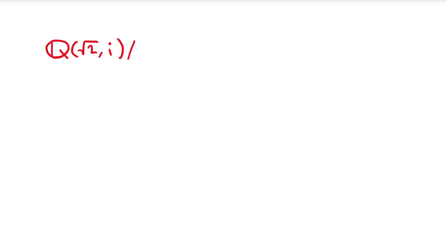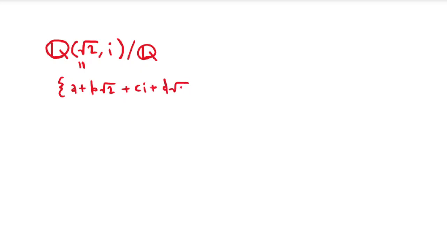So if you look at this field extension, this is immediately way more complicated. Previously, we were just adjoining square root of 2. Now we're adjoining square root of 2 and i. And so what this turns out to be, I'll state this without proving it, is everything of this form.